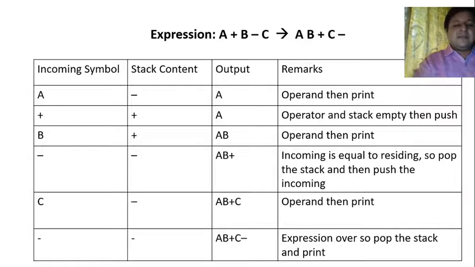Next is minus. So now what happens to minus? Can you see minus, which is incoming, is not greater than residing or even less than residing. It is equal. But still if you look at the answer, my plus is coming immediately after AB. That means I'm doing the same thing when incoming is lesser as when incoming is equal. So here I say if incoming is equal to residing, still I have to pop the stack and then push the incoming.